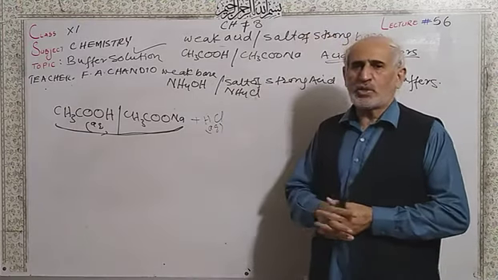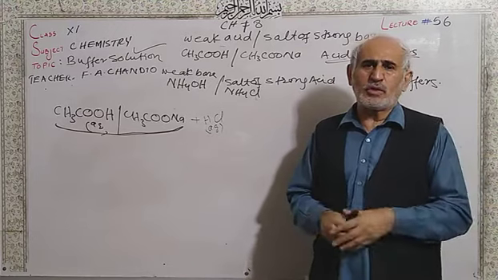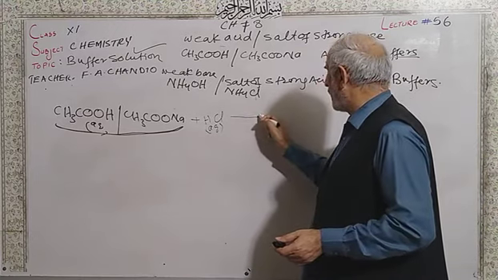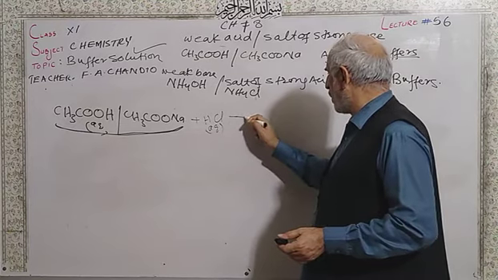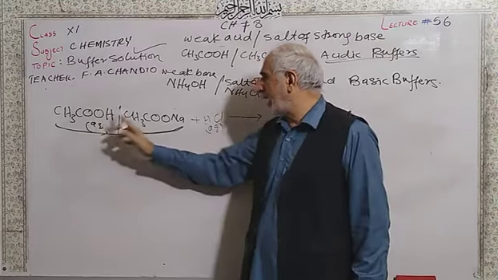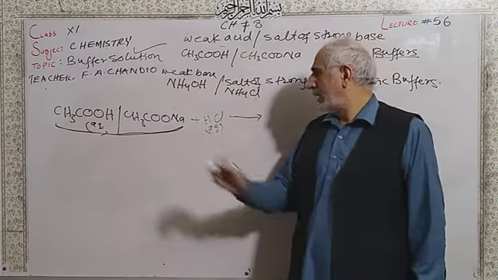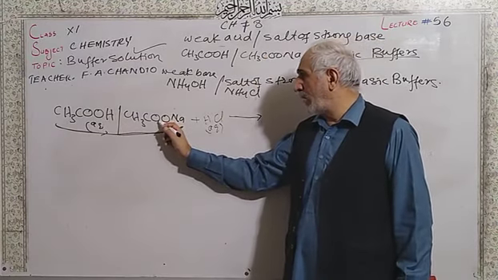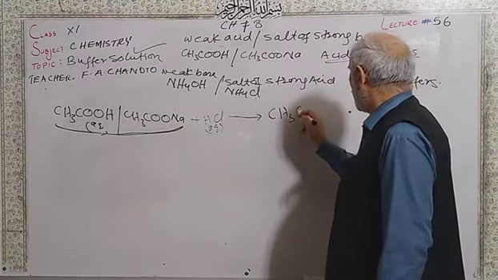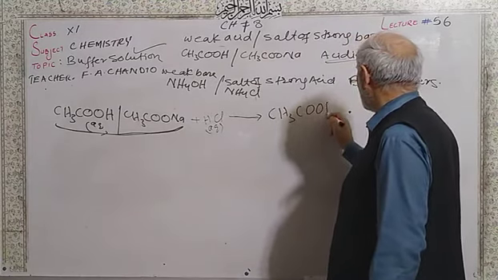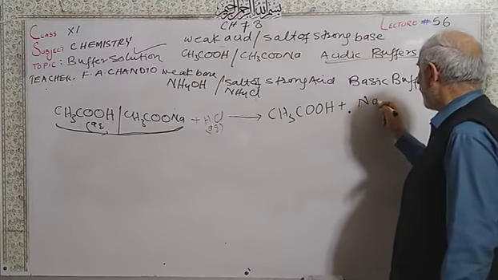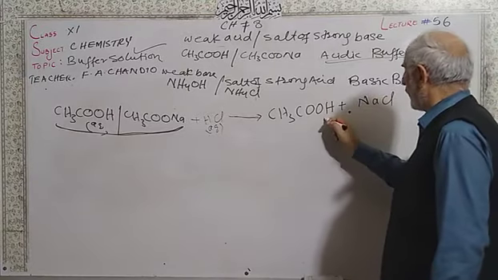Because a strong acid's pH is very low, 0.1 like this. But there will be no change or very small change taking place, because this is acid and this is acid, so no reaction. This is the salt of a strong base. On reaction with the hydrochloric acid, you will get acetic acid again and you will get sodium chloride.